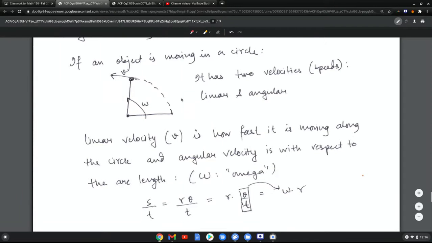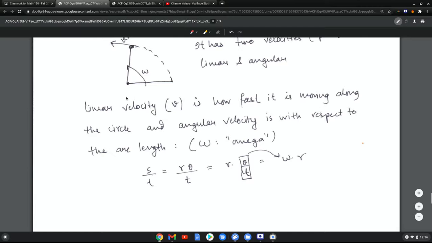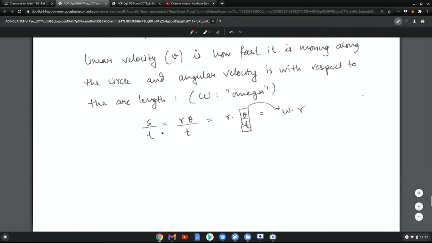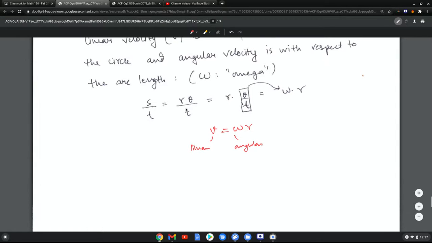The linear velocity is how fast it is moving along the circle, and the angular velocity is with respect to the arc length. So all you have to know is that the relationship between the linear and the angular velocity is that v equals omega times r.